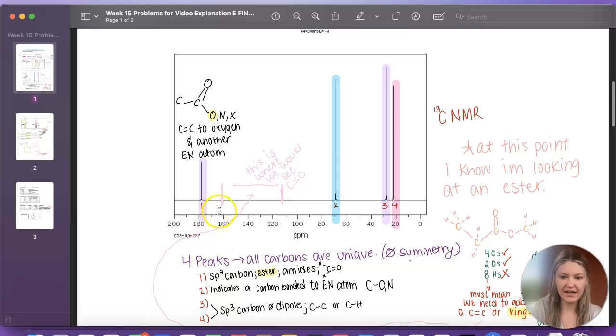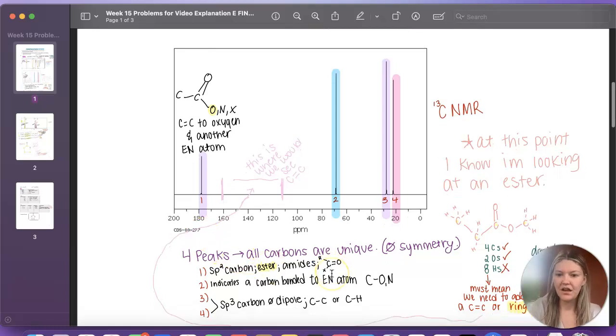So then I looked at my very first, my highest peak. Everything kind of from this point on is going to be more diagnostic for what you have. So right here at 180, this tells us that we're going to have a carbon double bonded to an oxygen that's also bonded to another electronegative atom. Specifically, oxygen for an ester; the 180 is pretty diagnostic for an ester.